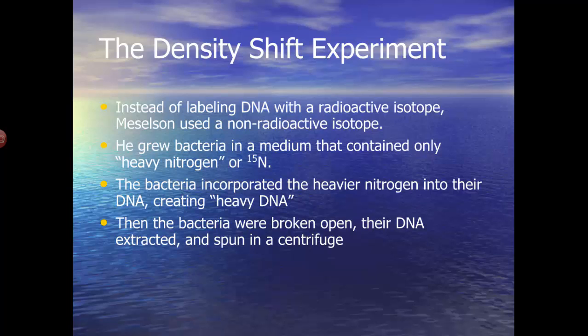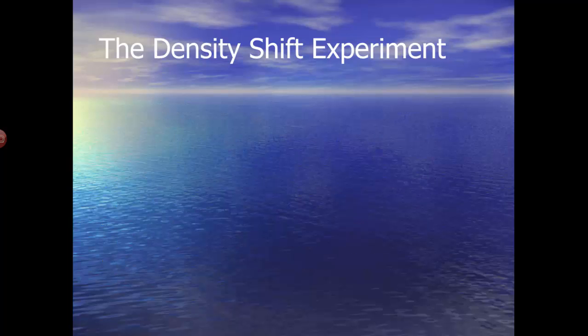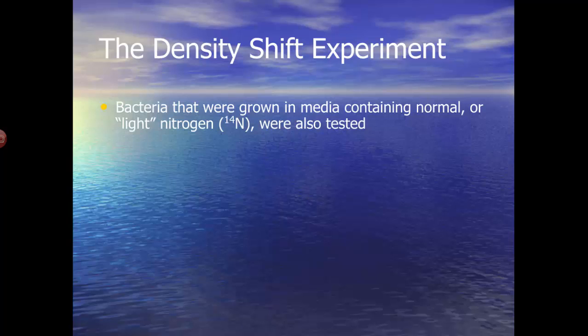When he broke open the bacteria, and took their DNA out and spun it in a centrifuge, heavy DNA goes to the bottom. Okay? Now, the shift of this experiment, and why it's called the density shift experiment, is because he could compare that to bacteria that were grown in a normal food source that had normal nitrogen-14, regular or light nitrogen.